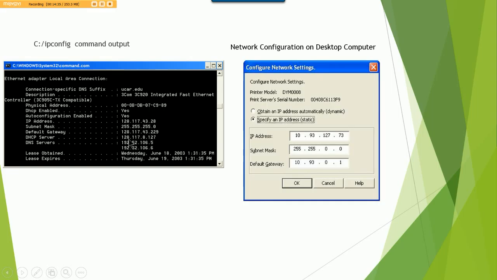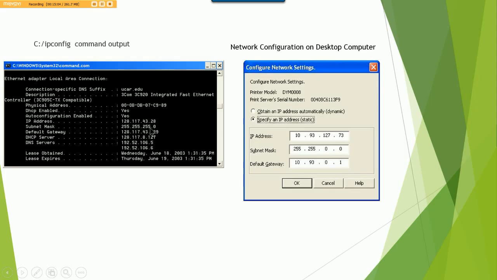Now, we have a DHCP server which actually supplied this information to this computer. He is on a different network. He's on the 128.117.8.127 network. The reason why we know he's on another network is because we have a /24 network here for the host, this computer, and the default gateway.